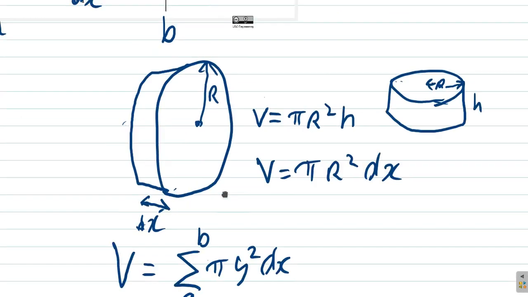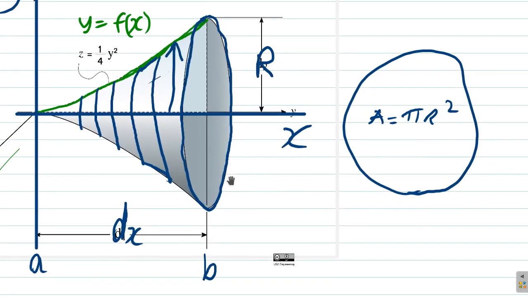Now the thing is, we would not really get the perfectly accurate value for the volume, right? But suppose we cut this up into even thinner slices. The thing is, the thinner the slices, the more slices of solid that we would have to calculate, but the more accurate it would be.